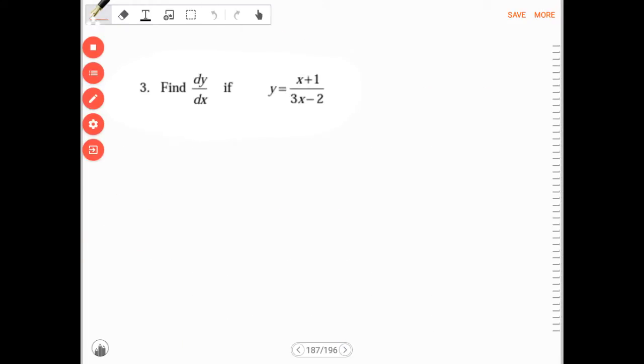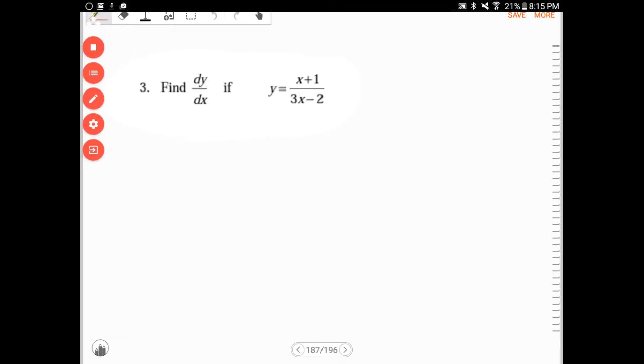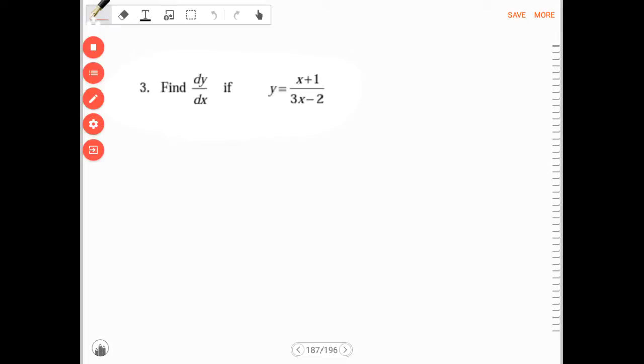Okay, and then the last one. Now this one is going to get a little mean, but that's okay. All right, dy/dx just means find the derivative. Again, right now our only tool to do this is the limit. So limit as h approaches 0. This is going to be x plus h plus 1 over 3 times x plus h minus 2.